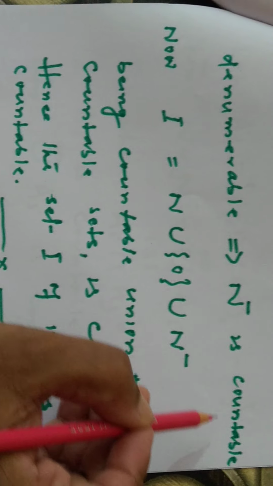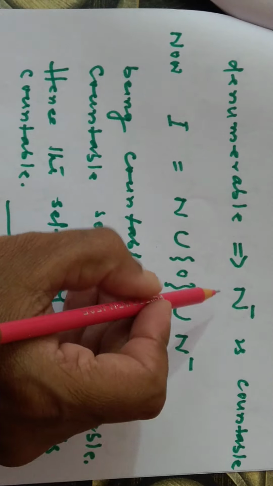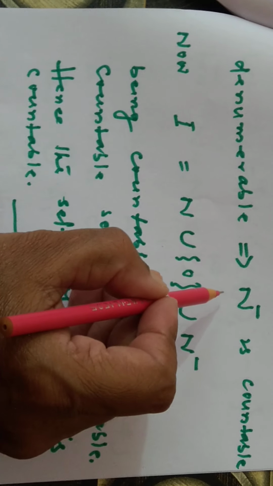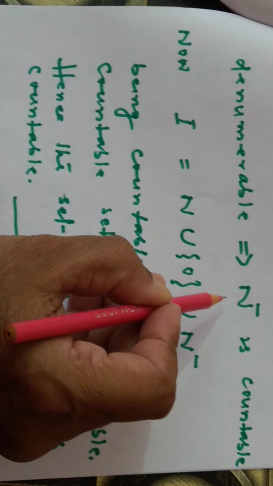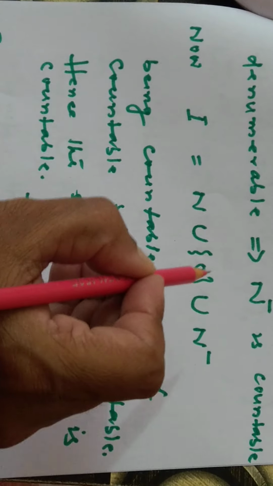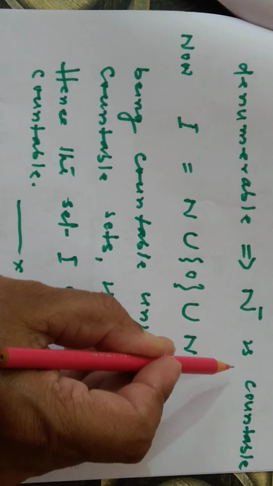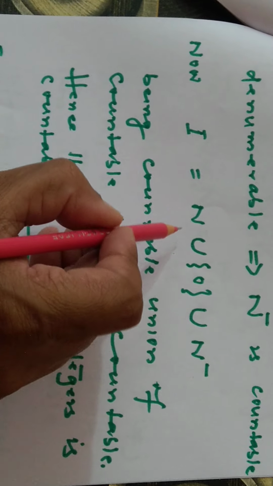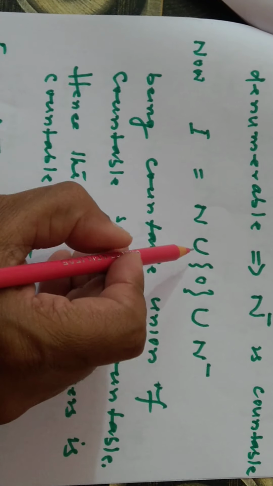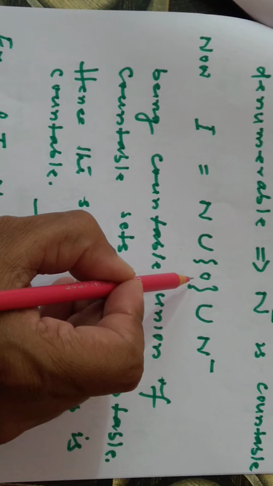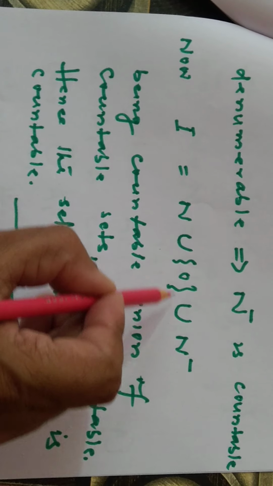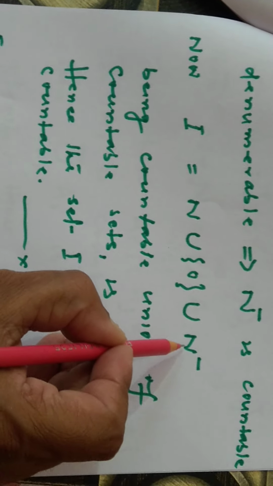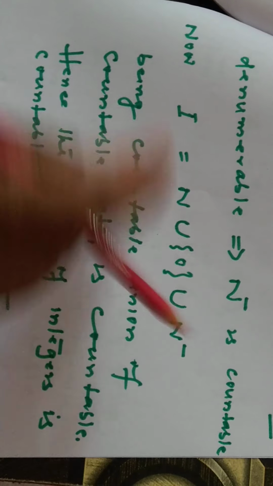We have proved that N, that is the set of positive integers, is countable and the set of negative integers is countable, and now I is the union of N, union the set containing only the 0 element, union N minus, meaning negative integers.